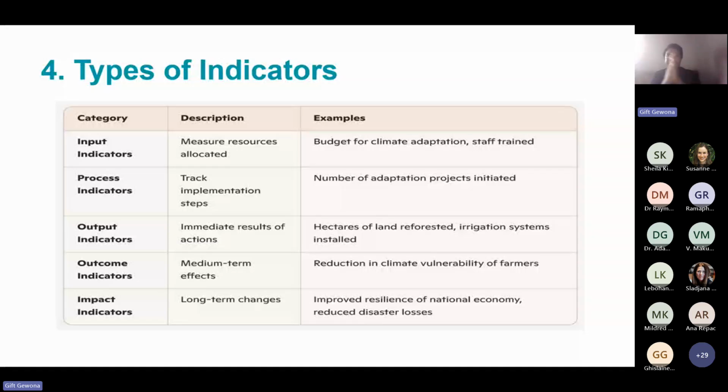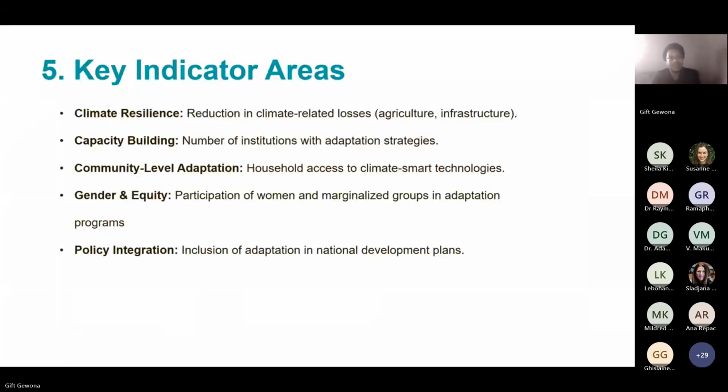Now, we have also tried to group these into key indicator areas, broadly categorizing them into 5 categories. We have those addressing climate resilience, for example reduction in climate-related losses in agriculture, in infrastructure, etc. Capacity building: the number of institutions with adaptation strategies, maybe at the Ministry of Environment or Ministry of Finance, what kind of adaptation strategies do they have there?